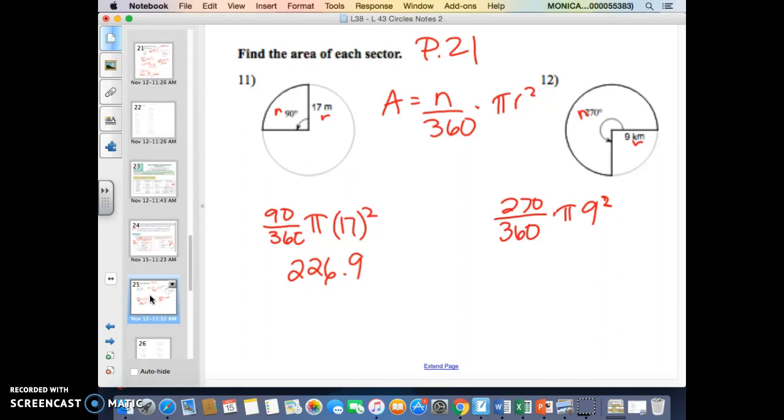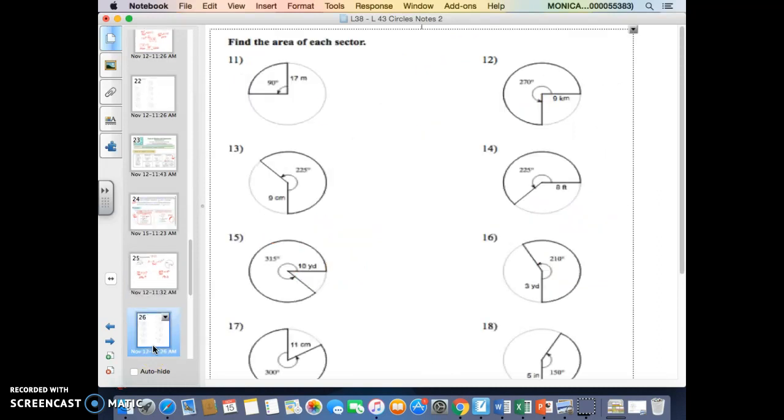So 270 divided by 360 times 3.14 times 9 squared, and I get 190.8. So you're going to go ahead and finish the rest of the problems on page 21, practicing using this formula.